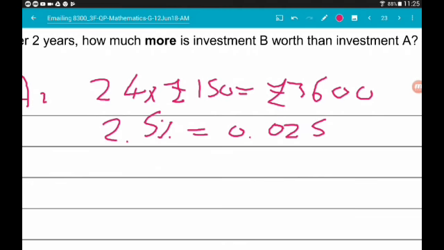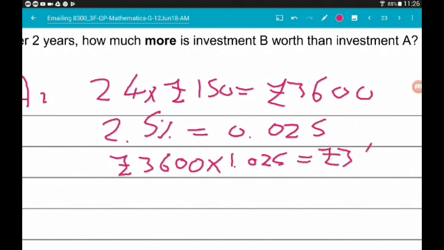So to increase 3,600 by 2.5%, we do 3,600 times 1.025, and that's going to give us £3,690. So that is how much investment A is worth after 2 years.